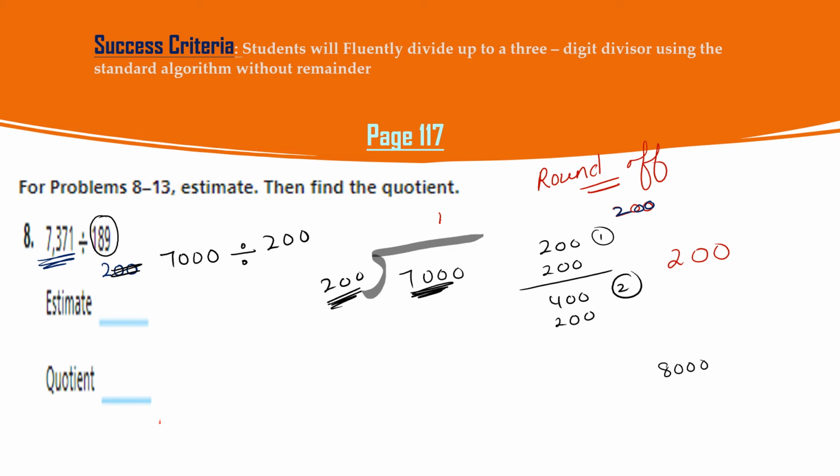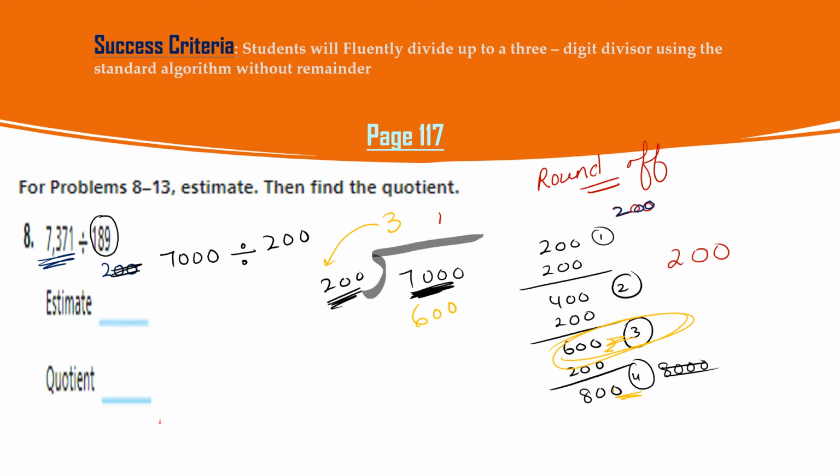Again you add 200, you get 600, that is your third time. Then again you add 200, you will get 800, the fourth time. So how many times do you want? 7000, right? Between 800 and 600, of course you will take the lesser number. So 3 up. 3 times 200 gives you 600.